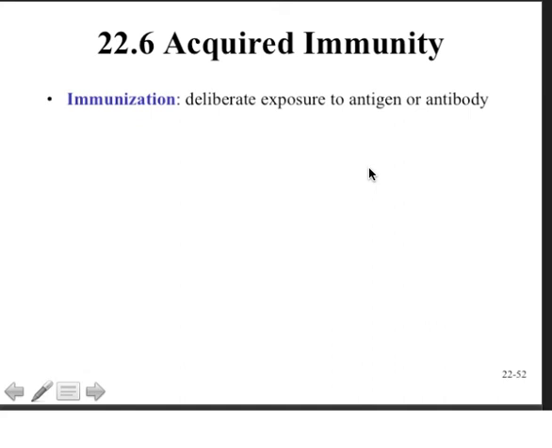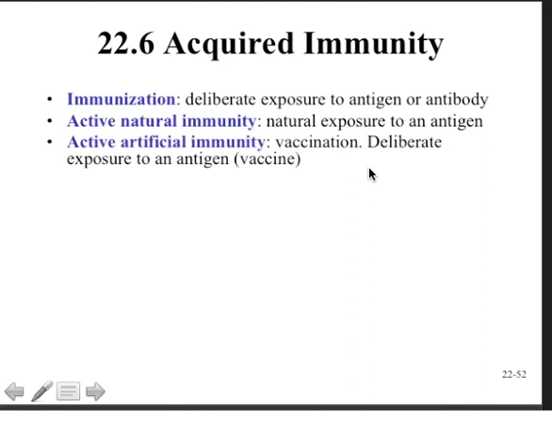In immunization, we have deliberate exposure to the antigen or antibody. Active natural immunity is the result of natural exposure to an antigen. Active artificial immunity is the result of vaccination, where we deliberately expose ourselves to an antigen through essentially an injection.